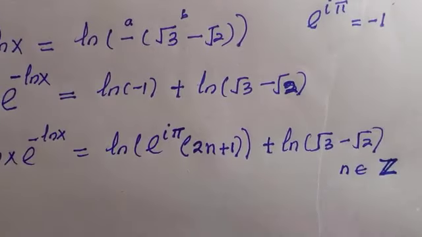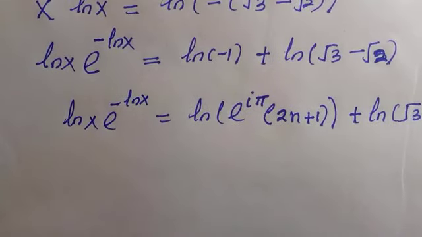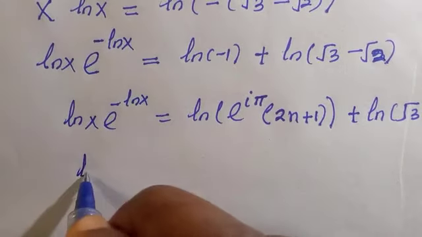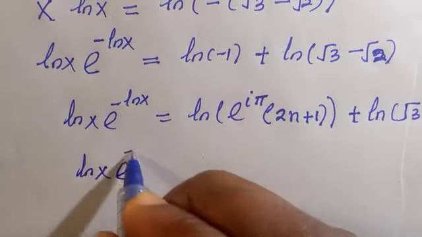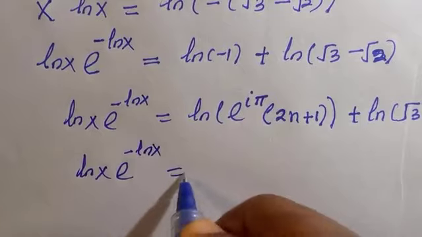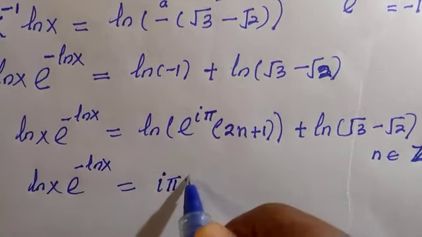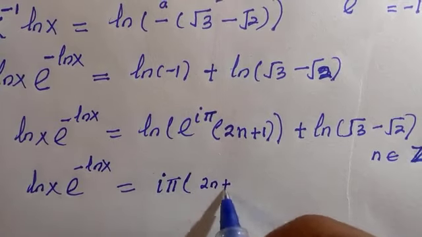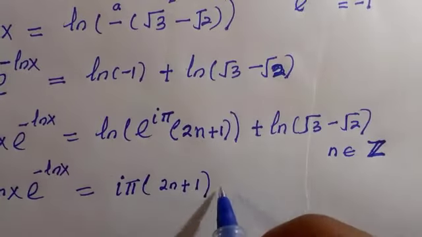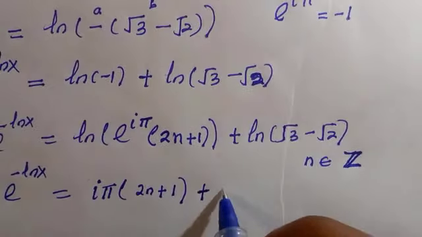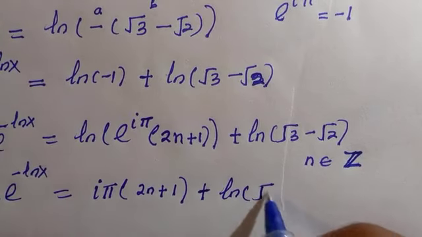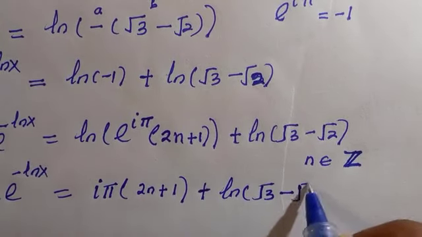By proceeding with this, just introduce the negative to both sides. We have ln x, e raised to the power of minus ln x equals, so the exponential cancels ln, and we have i pi (2n plus 1) plus ln of root 3 minus root 2.